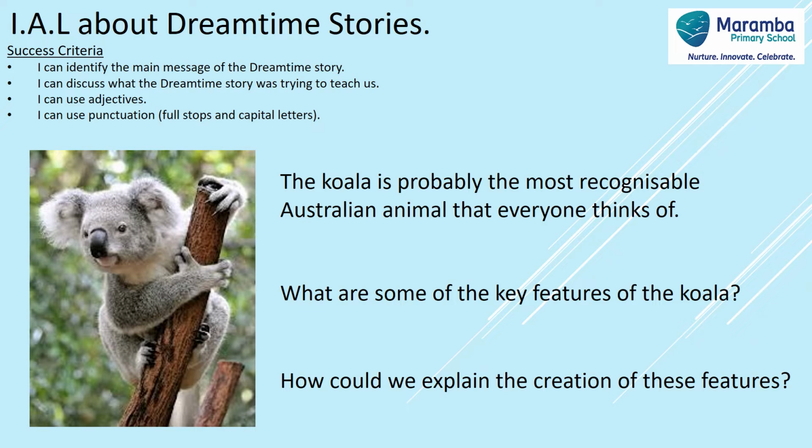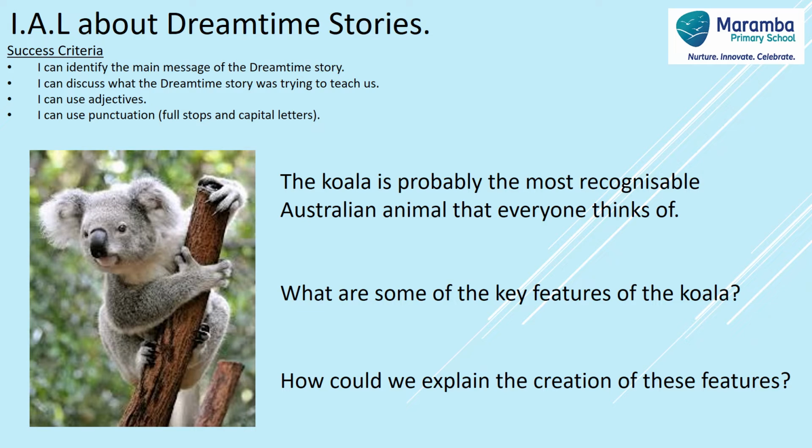The koala is probably the most recognisable Australian animal that we can all think of. It's got that beautiful big black nose, fluffy ears, and strong claws, and they eat eucalyptus leaves.